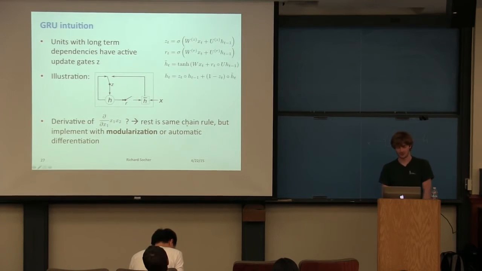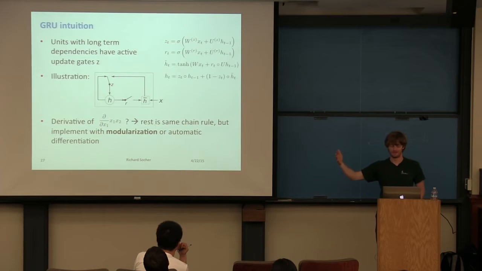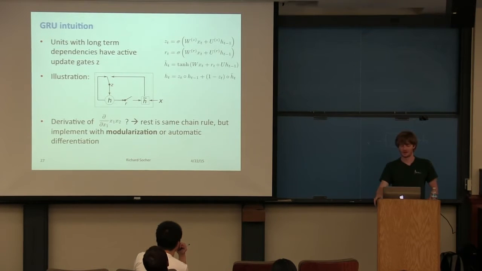For those of you who, even after all the pain from the problem sets, still really don't like to take these derivatives by hand, you can use systems like Python's Theano, which allows you to simply define your model exactly this way. You just define the forward propagation, and unlike with graphical models, where once you know the definition of your generation procedure, you still have tons of work, and it's unclear how to do actual inference.